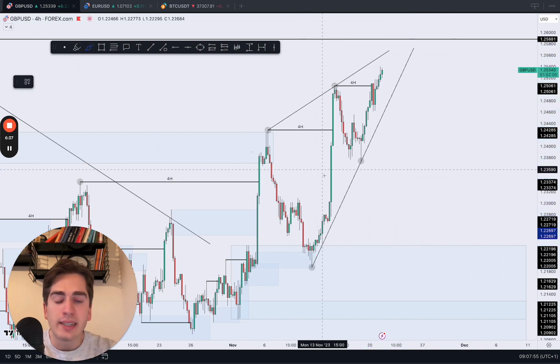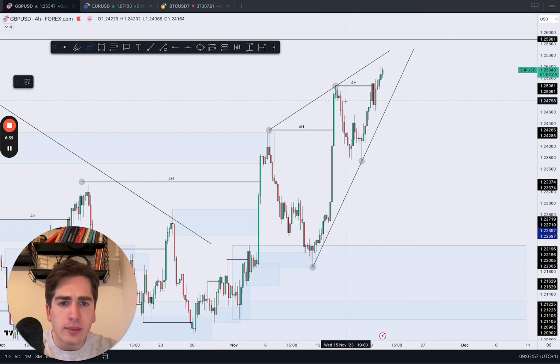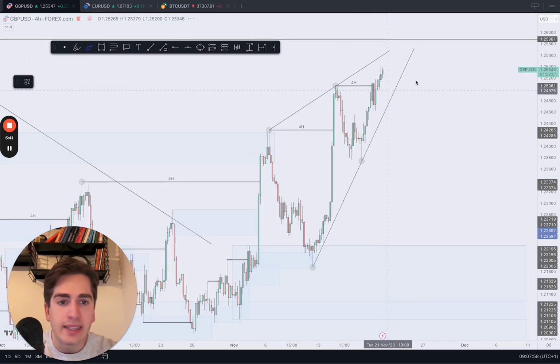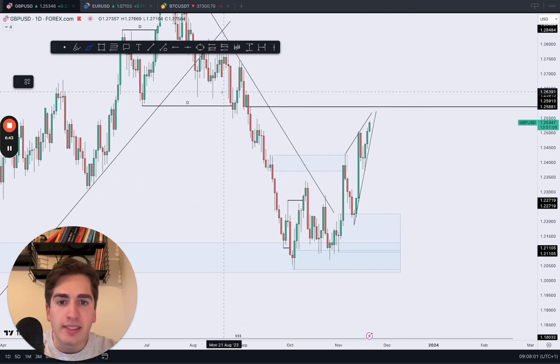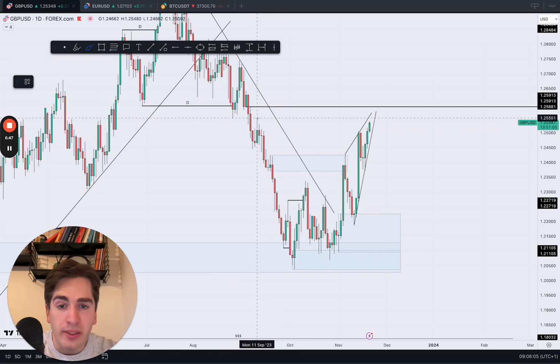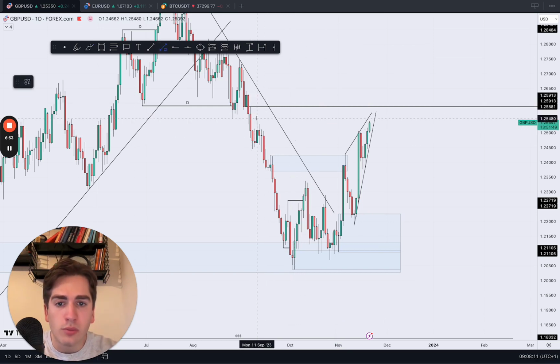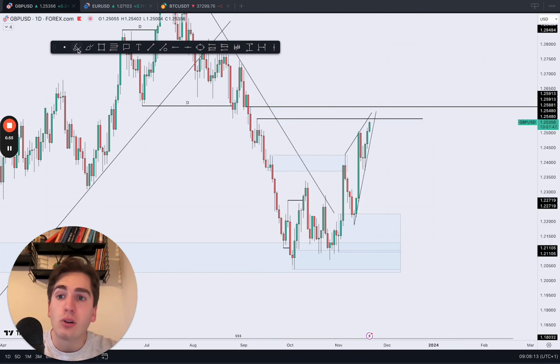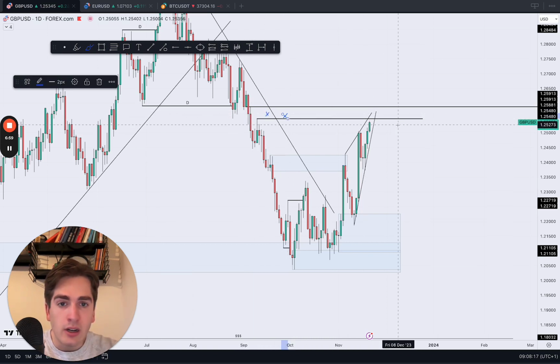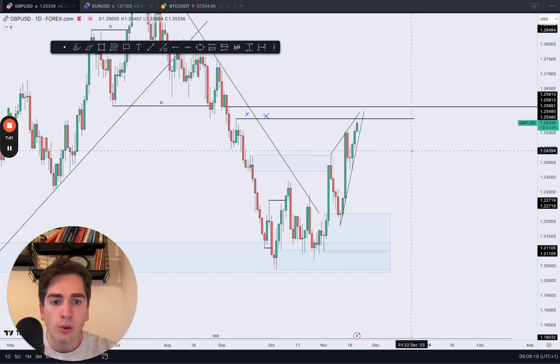Of course, if we look at the daily time frame, we're nearing this area of supply over here. Also, we are nearing this very obvious liquidity high. So once we take out that liquidity high, definitely going to be looking for those shorts, because liquidity is often equal to supply and demand.